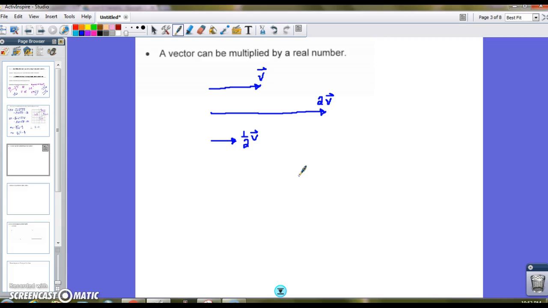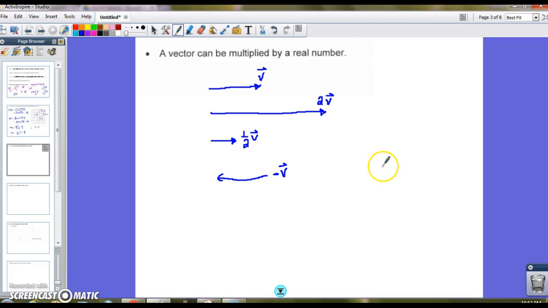However, if you multiply by a negative number, you're going to reverse the direction. So if I then had this, and that should be a straight line, of course it's not, that would be equivalent to negative V, because I multiplied it by -1 and changed the direction.